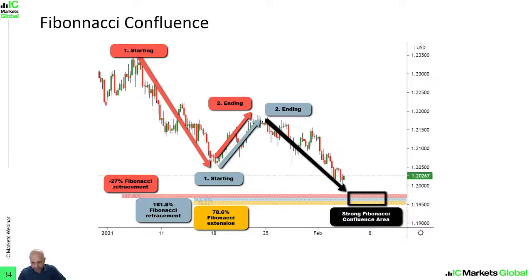Sorry, this red is expansion, gray is extension, and the black should be projection. This should be the 78.6% projection.